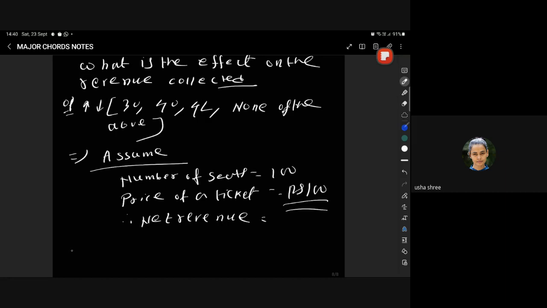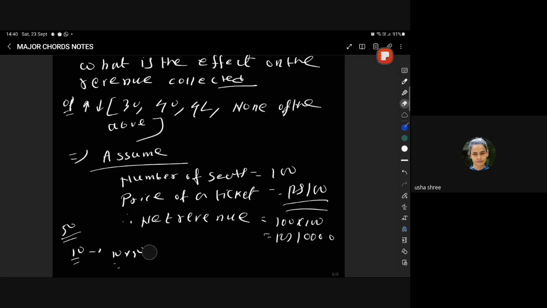If there are 10 seats in a theater and the price of each ticket is 50 rupees, then what is the net earning or revenue? 10 seats into 50 rupees per ticket, so 500. So here it will be 100 into 100 rupees, 10,000, right?